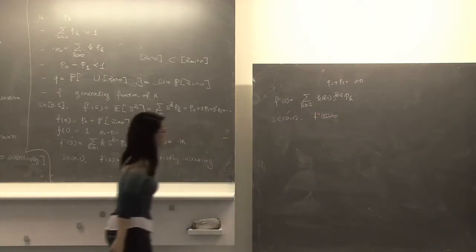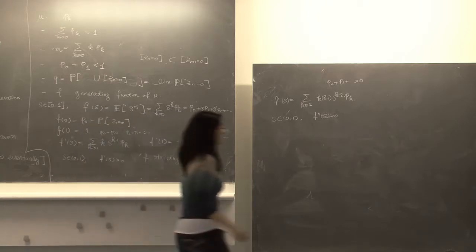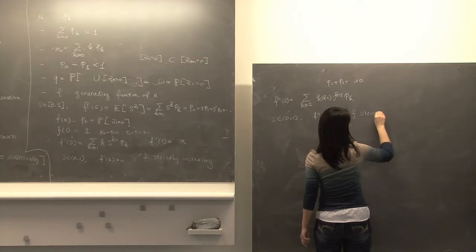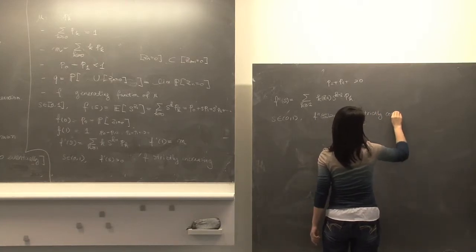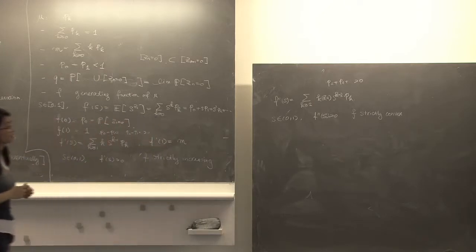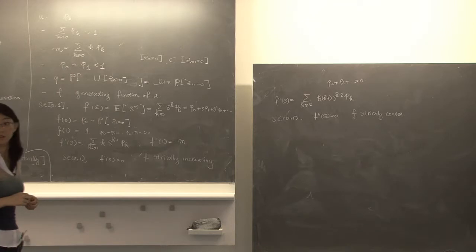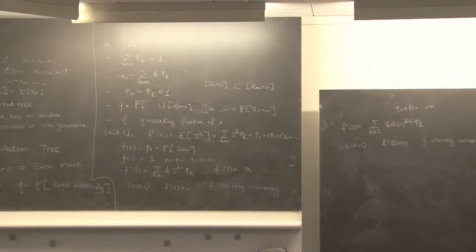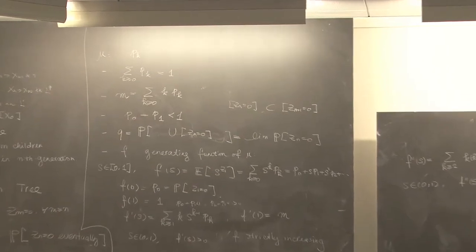And this tells us the function f is strictly convex. Okay, so this is the property of the generating function. Is there any question?